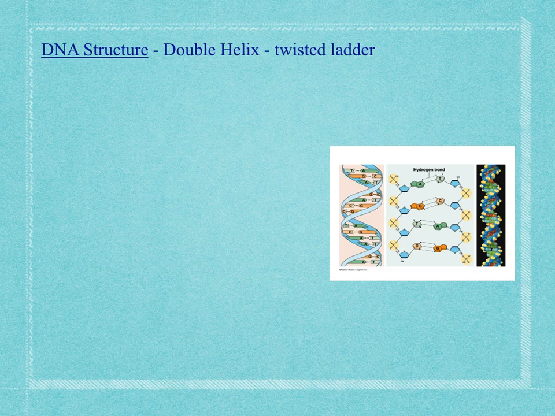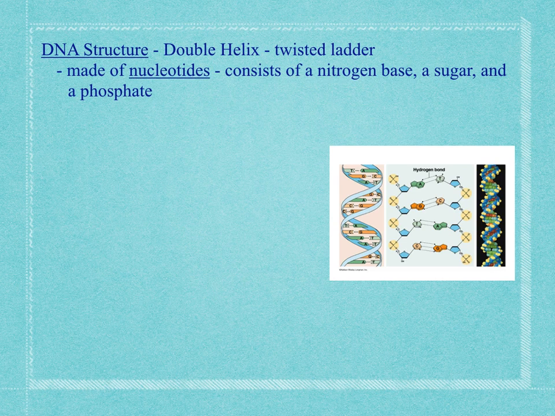Okay, so DNA has a double helix shape, or that twisted ladder, whatever you want to call it. DNA is pretty specific in how it's laid out. So it's made up of these things called nucleotides. That's what makes it a nucleic acid. So nucleotides are made up of a nitrogen-containing base, a sugar, and a phosphate.